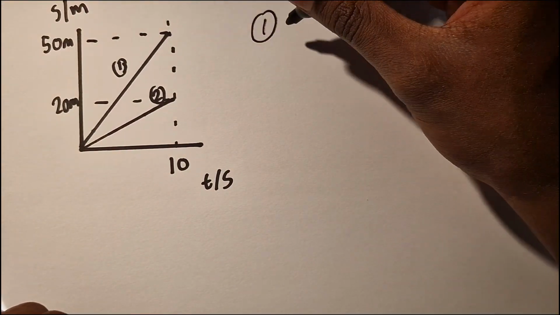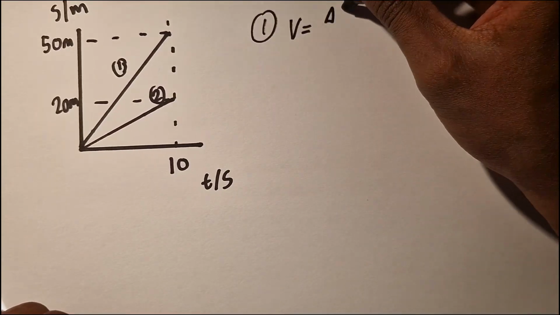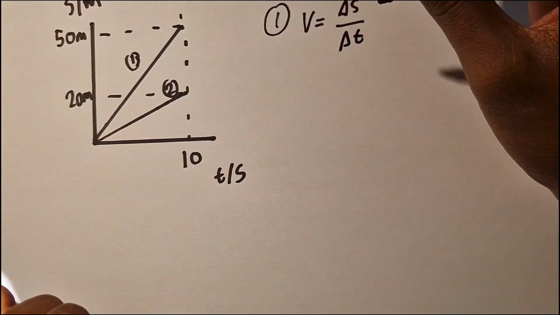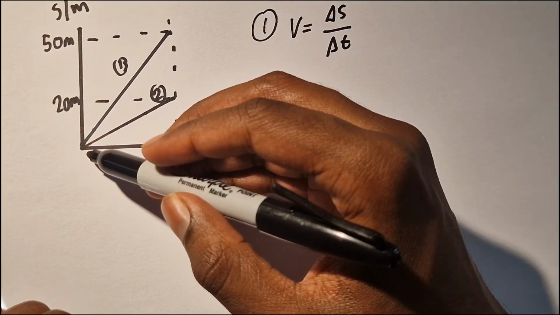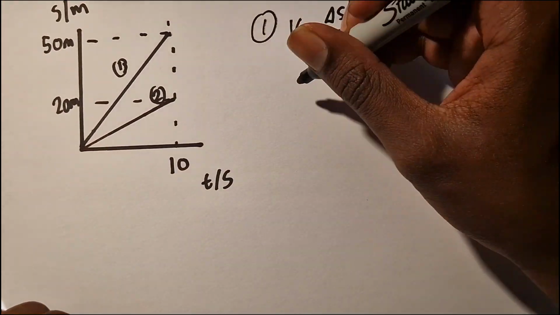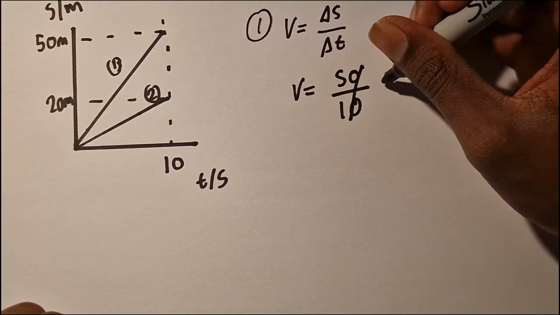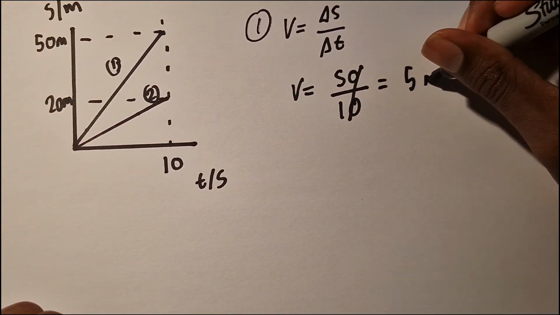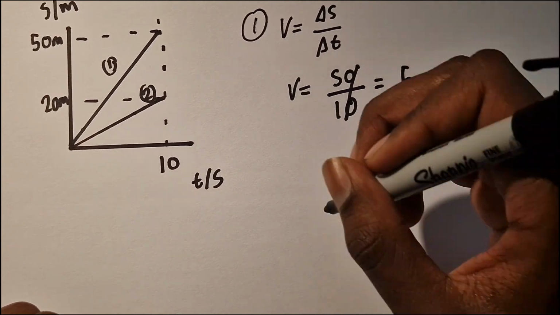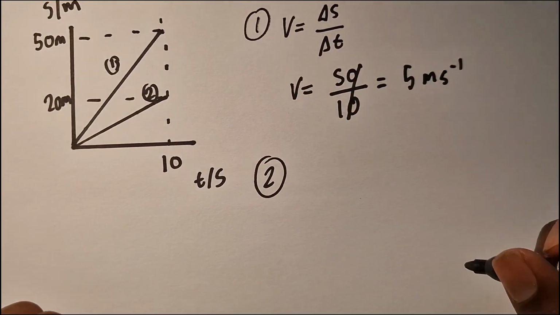Alright, so object 1. We know that velocity is defined by the change in displacement over the change in time. So this displacement changes from 0 to 50 in 10 seconds. So the velocity is 50 over 10, which simplifies to 5 meters per second. And then we're going to see object 2.